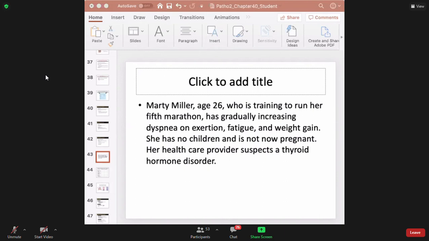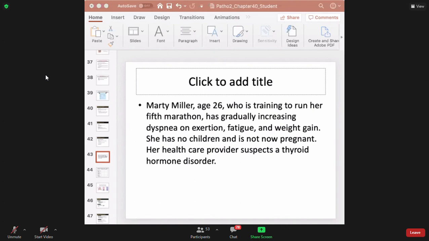Yes, we look at our TSH and T4 levels. If she is primary hypothyroidism, what does her T4 and TSH look like?